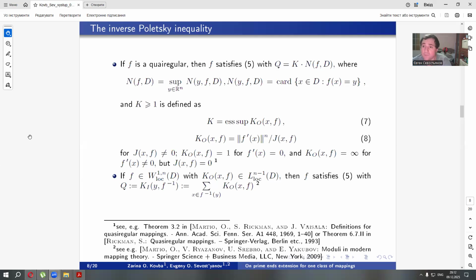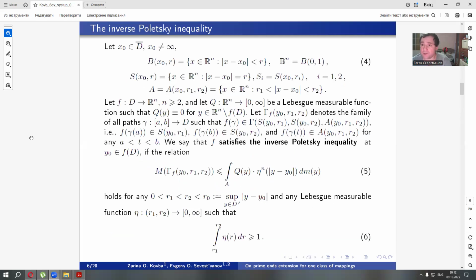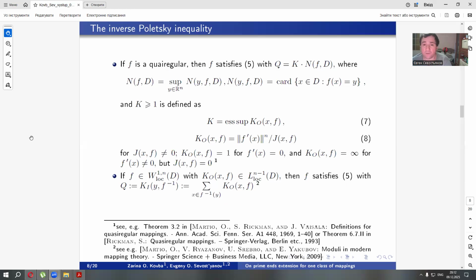Recall that some known classes of mappings satisfy relations 5 and 6. In particular, quasiregular mappings with the corresponding function Q, which is calculated as follows. This is the first remark.